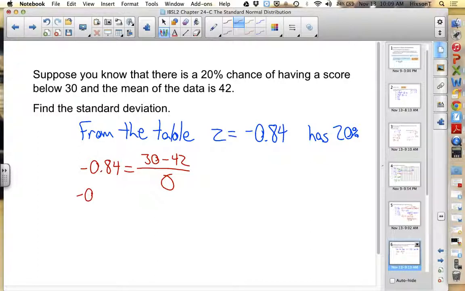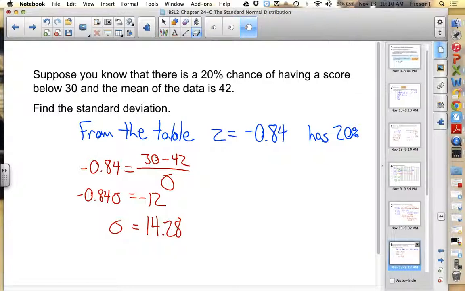So now negative 0.84 sigma equals negative 12. Divide by negative 0.84, and what do you get for sigma? Should be 14.28. So that's going to be the standard deviation for our data. We'll look at how to find that z with the calculator tomorrow.